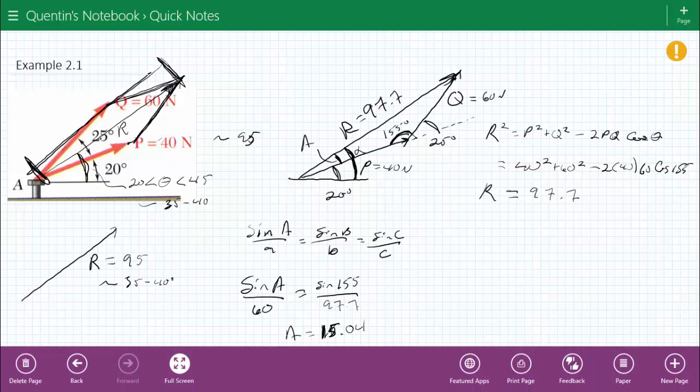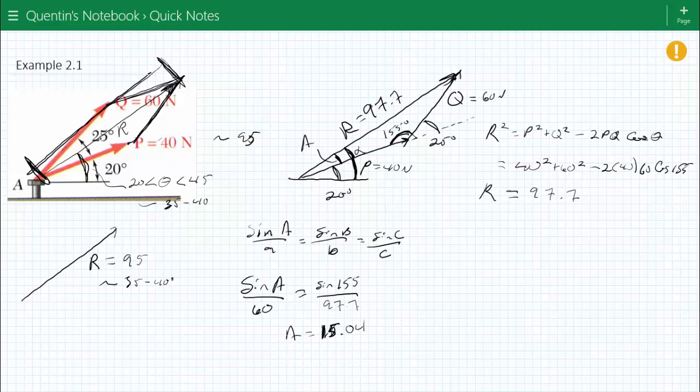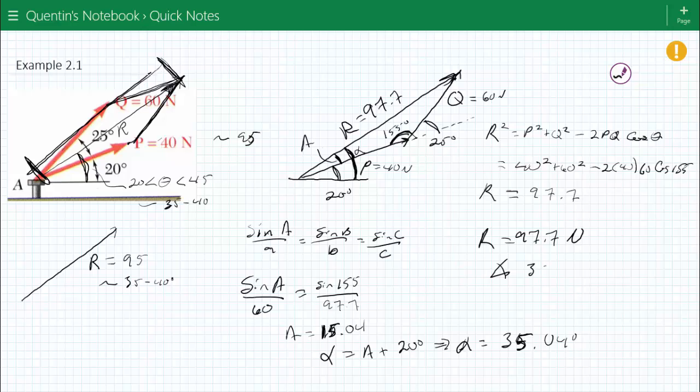Alpha is A plus 20 degrees, so therefore alpha is 35.04 degrees. So our resultant is 97.7 newtons at an angle of 35.04 degrees. And that is our answer.